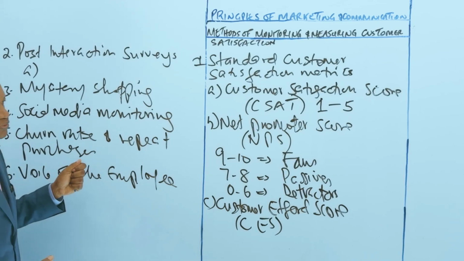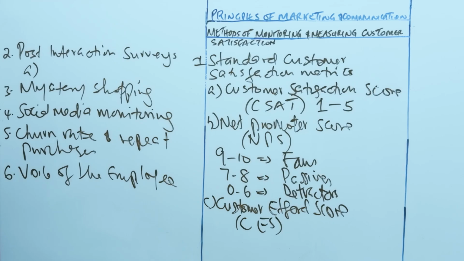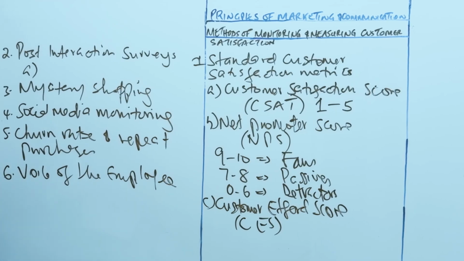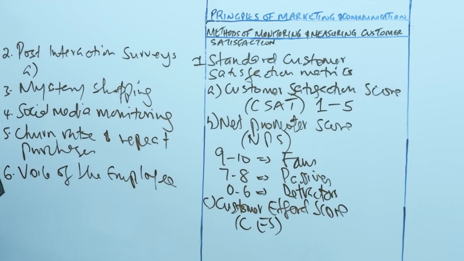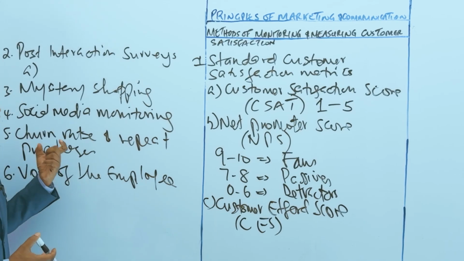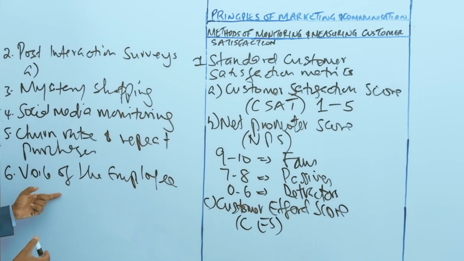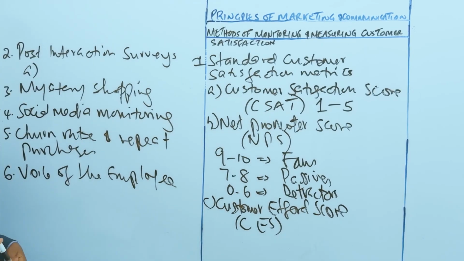The staff can tell you, for example, that everyone is complaining that the new application update is slow, long before it shows up in formal reports. So you can also measure customer satisfaction through the voice of the employees.